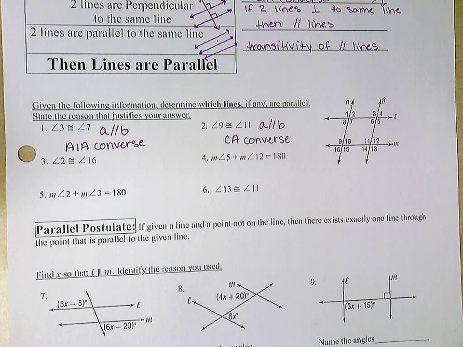Which one of your angle pairs adds to 180 up there at the top? Wait, so what would 6 be? Is there a transversal for that one? Would it be B or M?